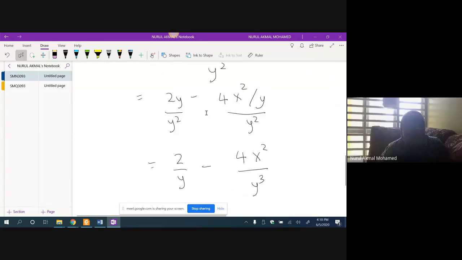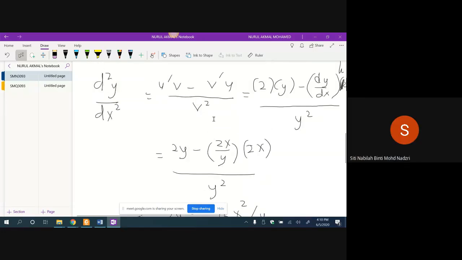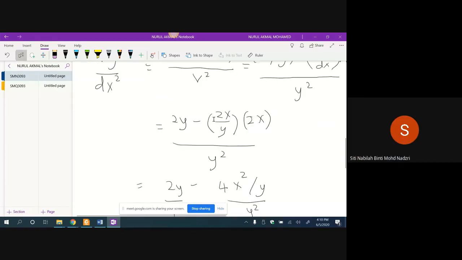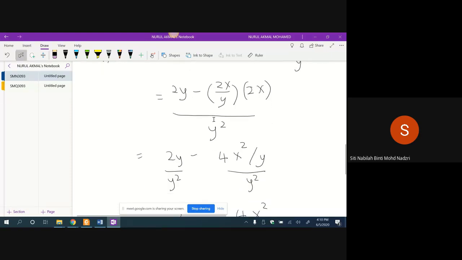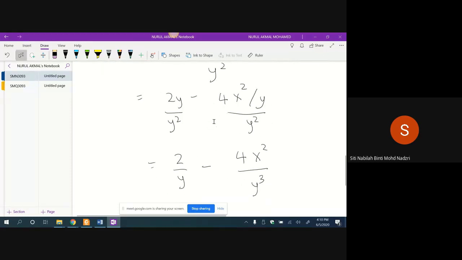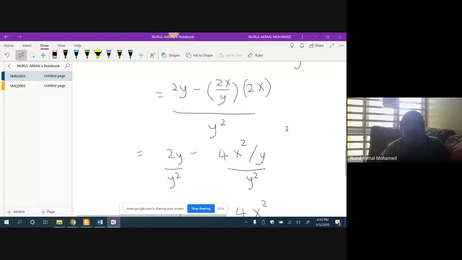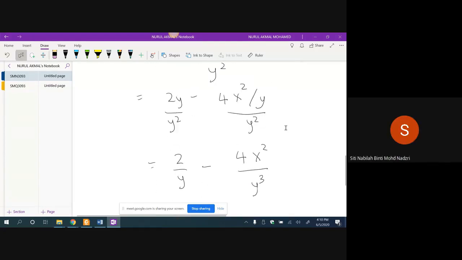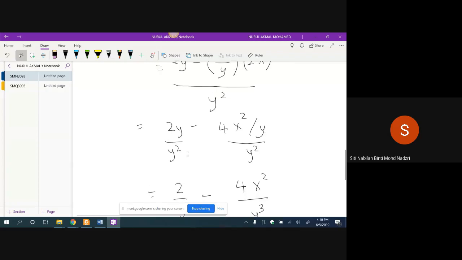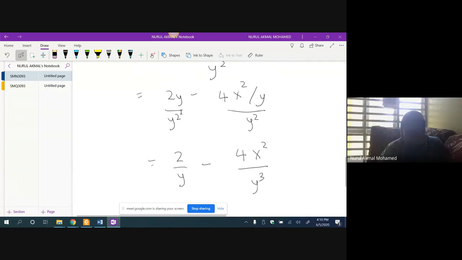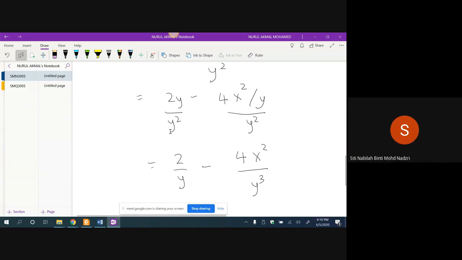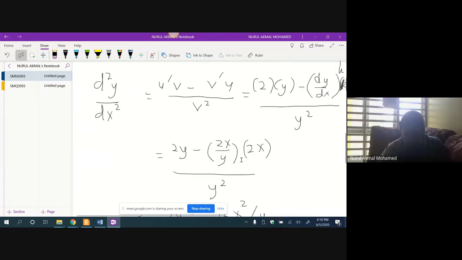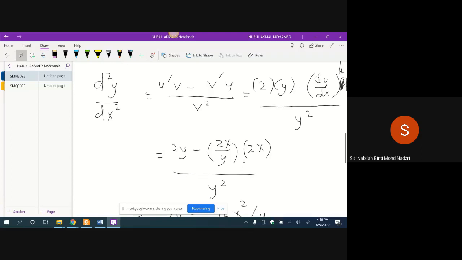Doctor, yes? I think we need to times y. We need to cancel the y. 2x over y, so you need to cancel y. Which y? The 2y? I already cancelled the y here. I think from the answer before. This one? Yes. 2y minus 2x over y, right?